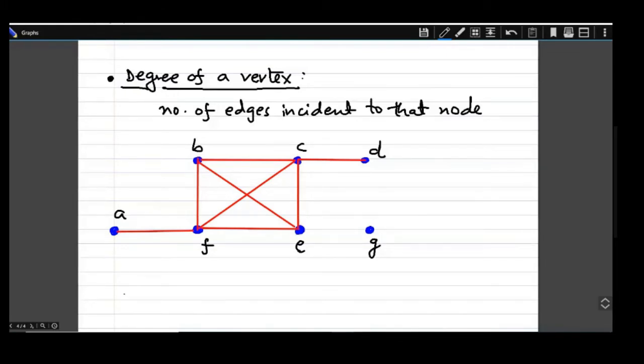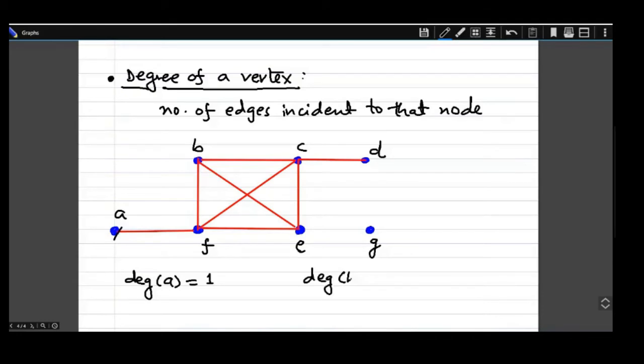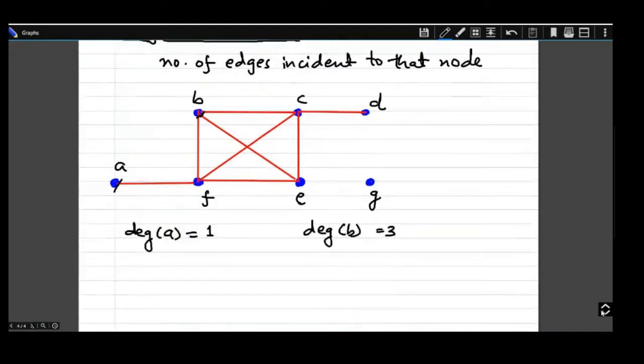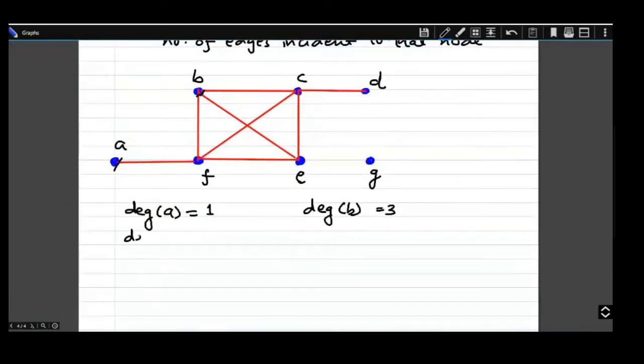Then what will be the degree of A? The degree of A, since you have only one edge incident to A, so it will be 1. Right? Good. Then degree of B. Look at that. 1, 2, 3. So you will have degree of B is equal to 3. Right? Like that, degree of C. 1, 2, 3, and 4.